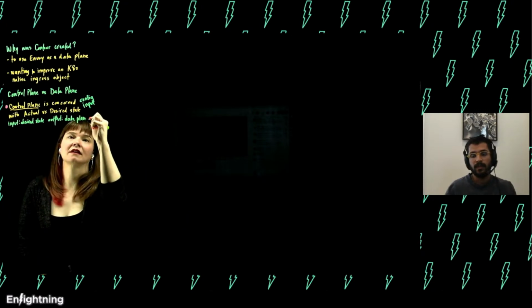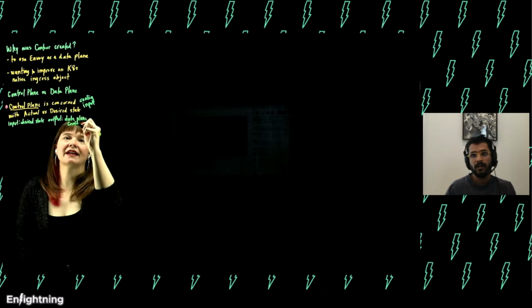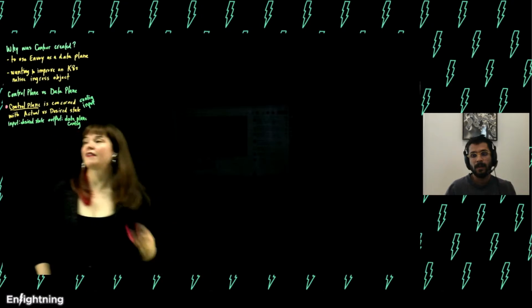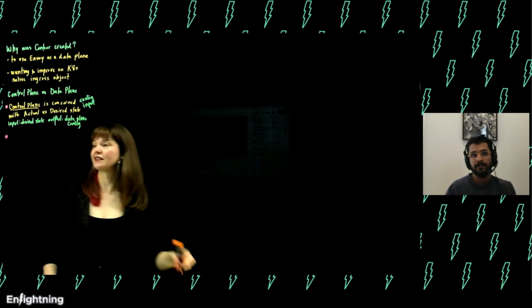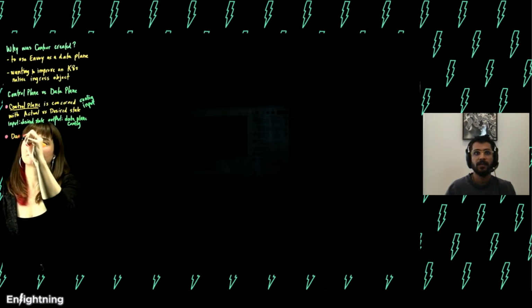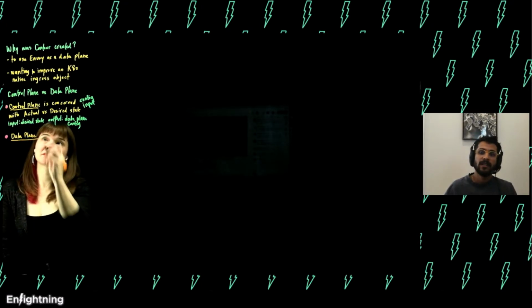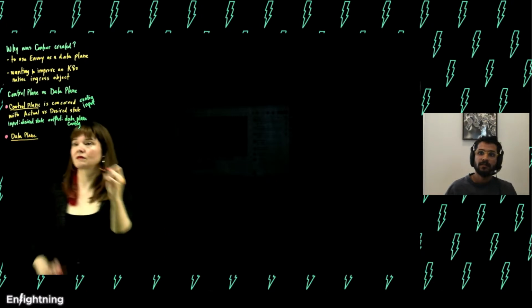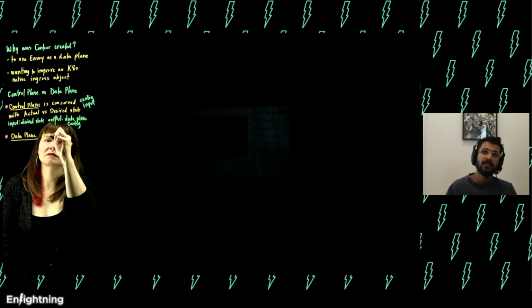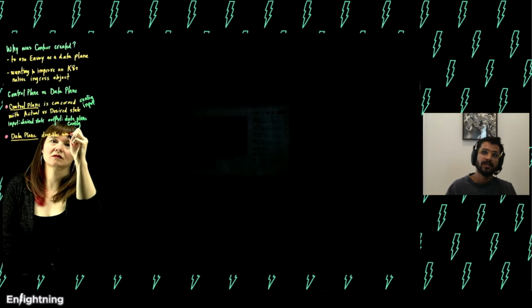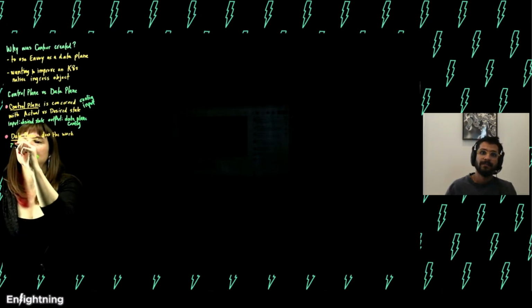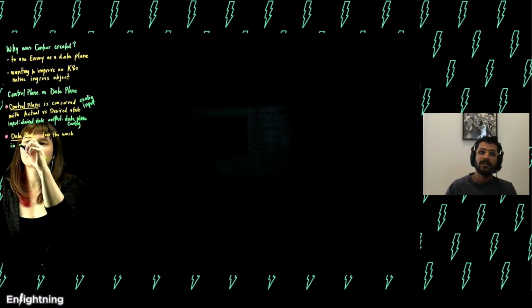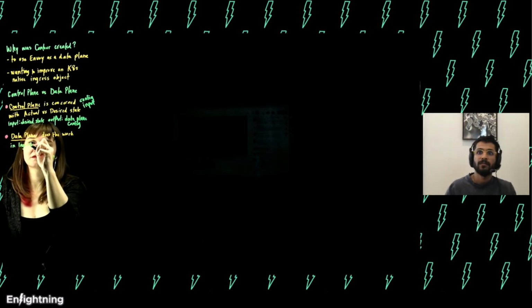Excellent. This is very helpful. And then the data plane does the work. Yeah, in an Ingress controller context, that would be your proxy, which is actually processing requests from users and sending them to your applications that are processing those requests for your business logic.